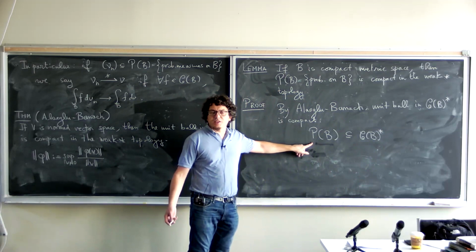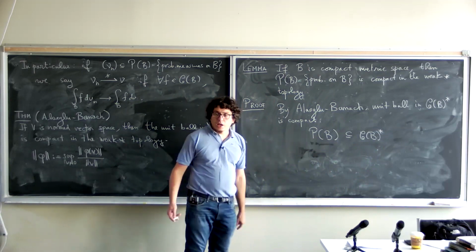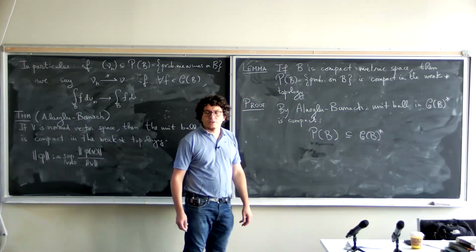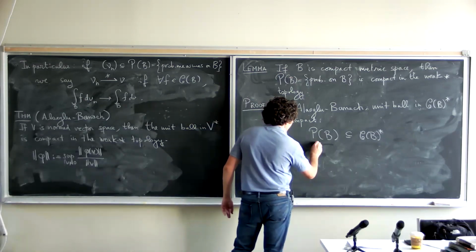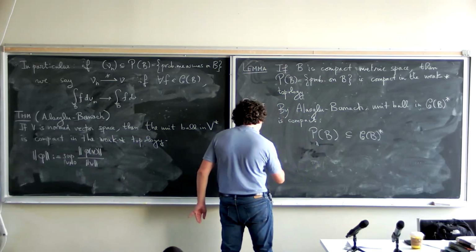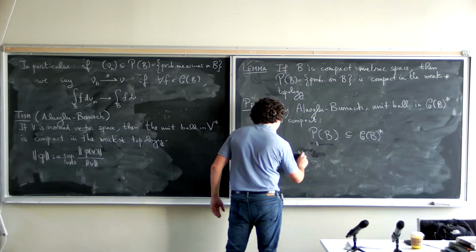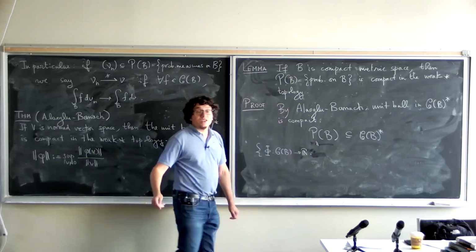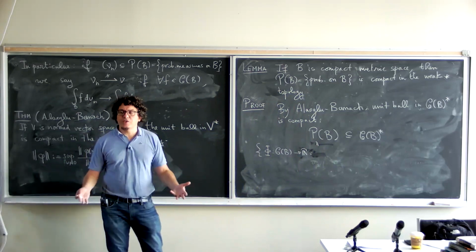Why is it a closed subset? What are the conditions that define a probability measure in the dual? So these are all the functionals on the space of continuous functions. And what are the properties of an honest probability measure?